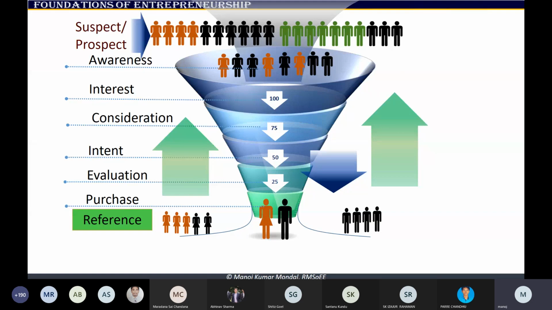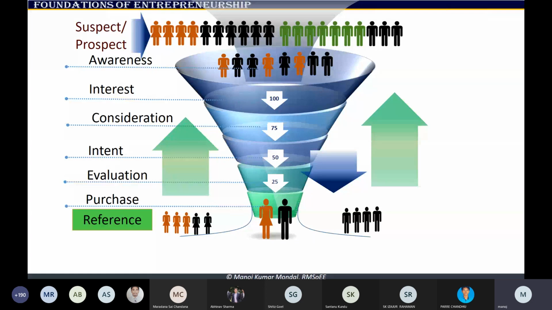First you reach out to this segment and tell them, I have a product like this and it will solve your pain. Then a group of people show interest. Out of them, some register in your portal for buying the product, expressing consideration that they would like to buy.